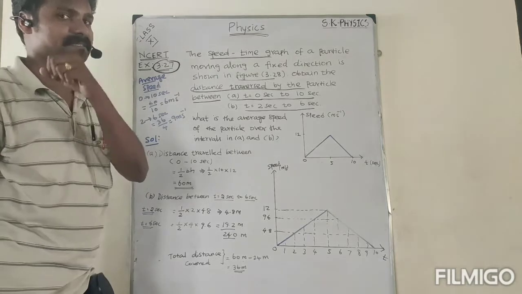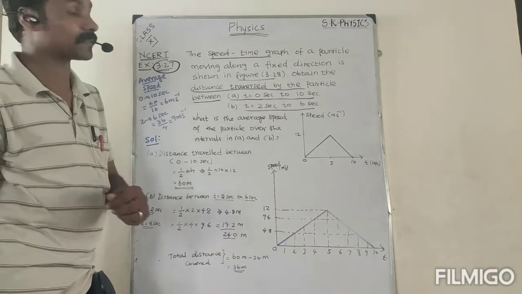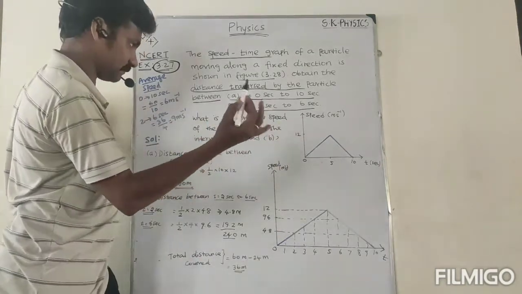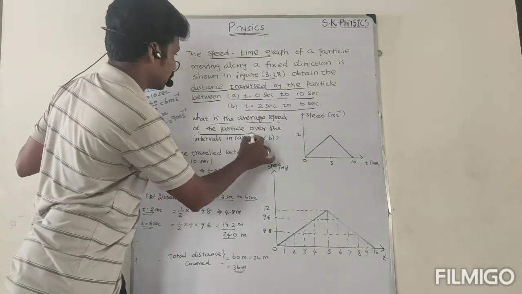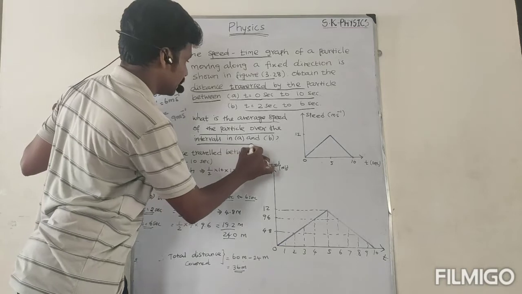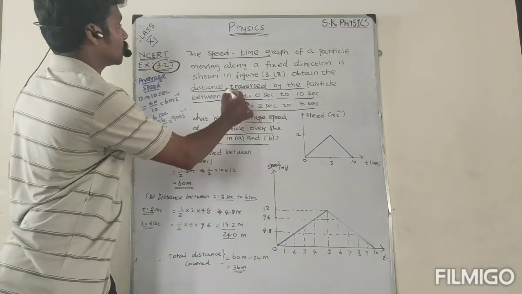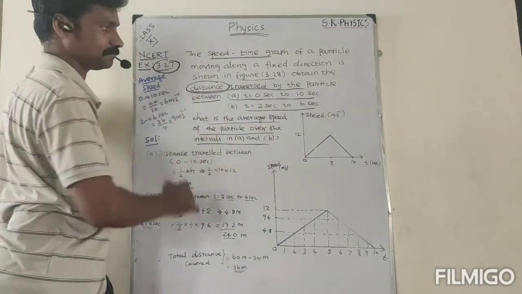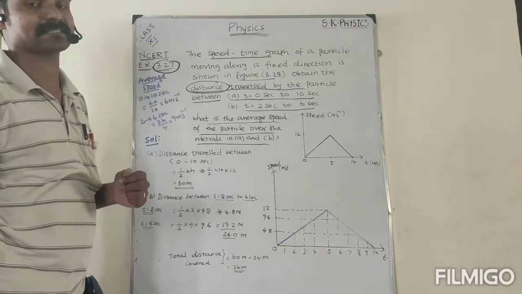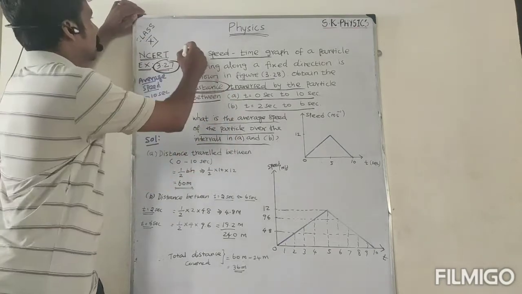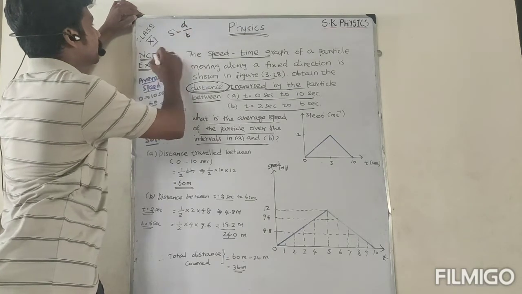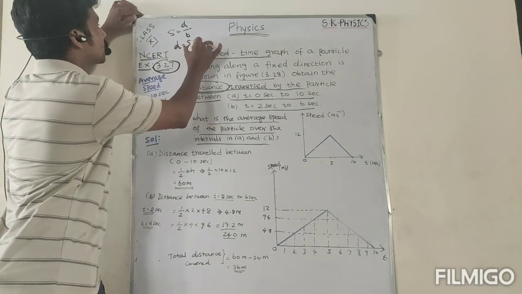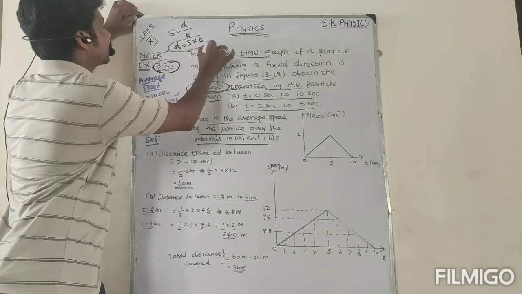Correct or not? Yes, the slope is acceleration. But here, what is the question? What is the average speed of the particle over the interval A and B? First you should find the distance. So how to find the distance? We know the formula, speed is equal to distance divided by time. Therefore, distance is equal to speed into time.